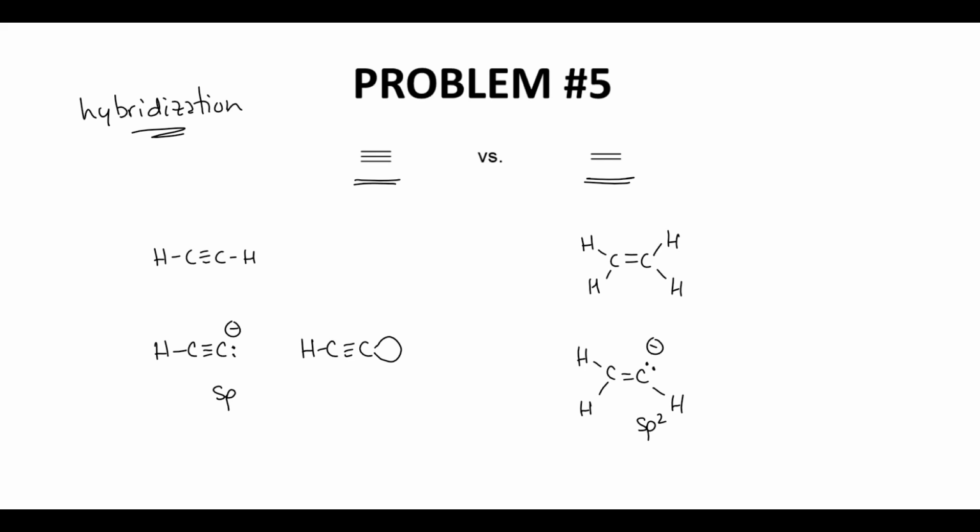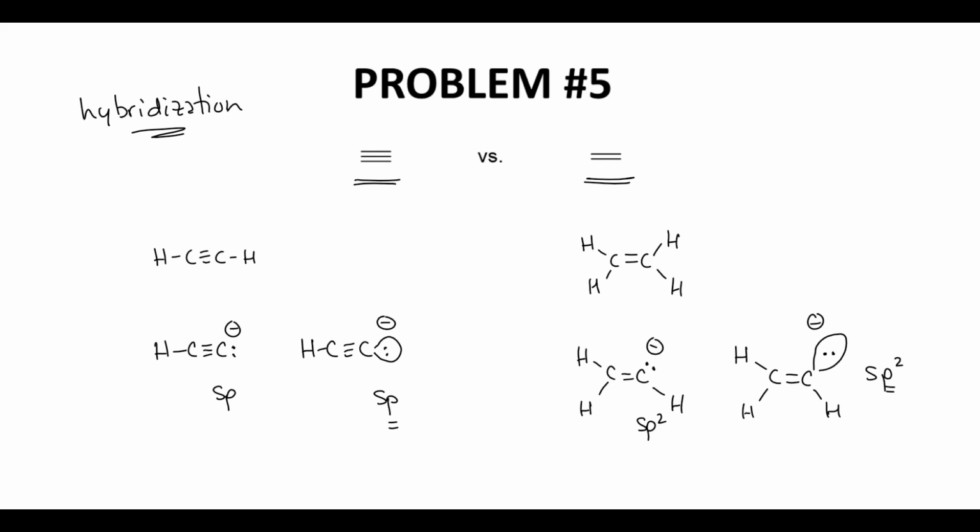So that sp hybrid is kind of a short, squatty orbital because it has very little p character. The sp2 is not like it's a mile long, but it is more elongated. And I'm going to try to exaggerate it in this picture because it has more p character. It's sp2 instead of sp.